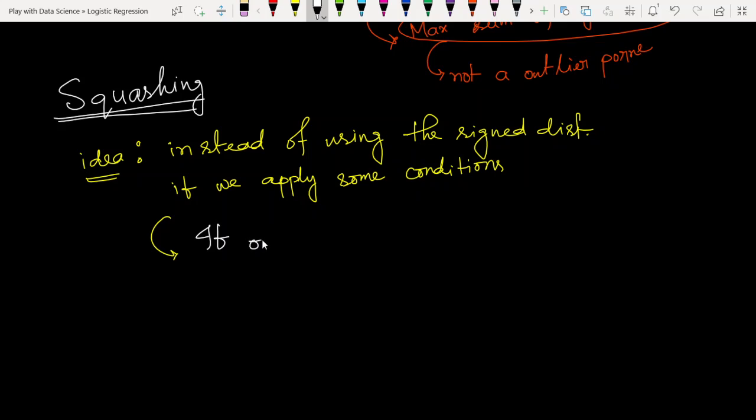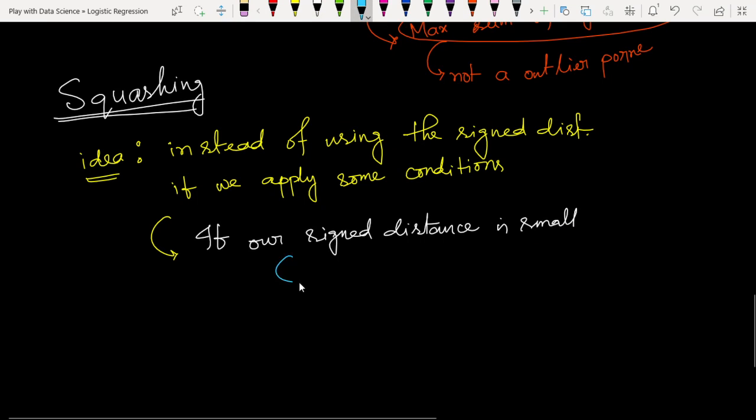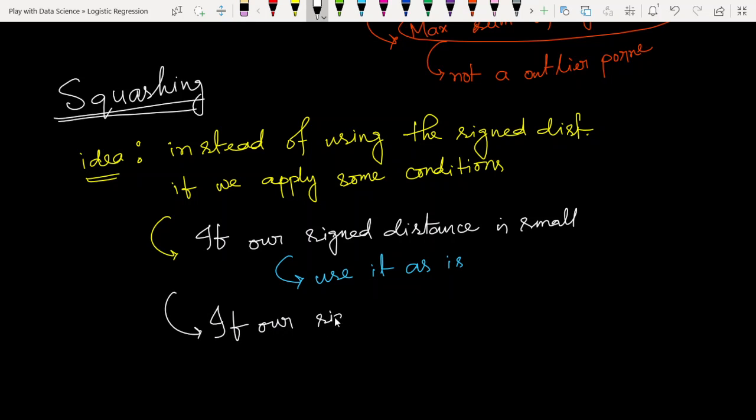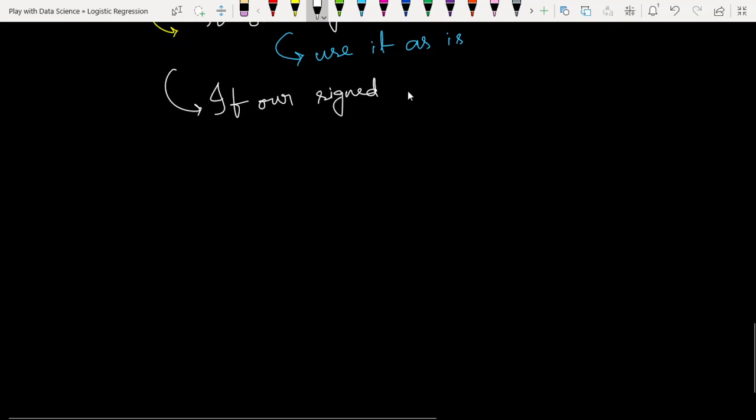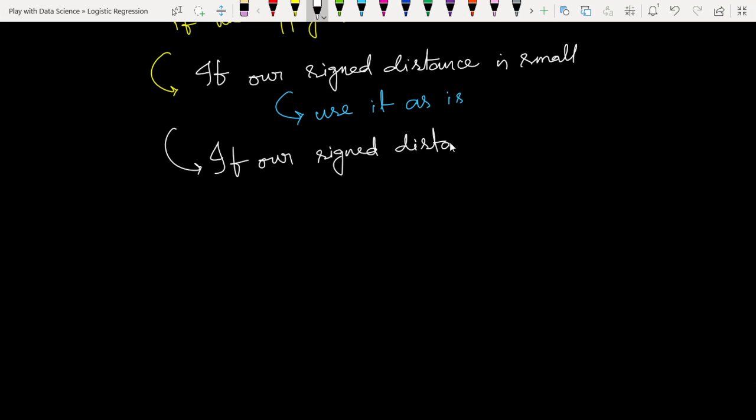If our signed distance is small, use it as it is, and if our signed distance is large, then make it a smaller distance.